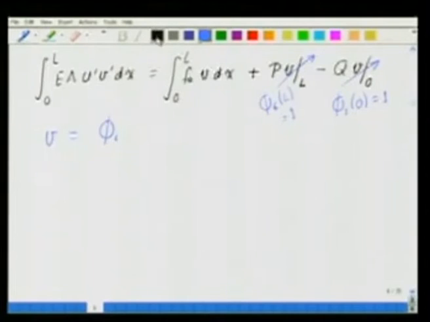So what do we do? Here we apply the Neumann conditions.